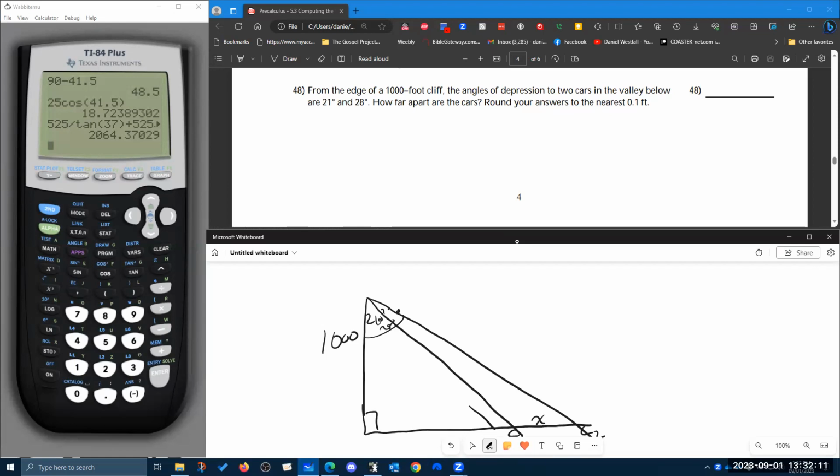That's going to be tangent of 28 degrees is equal to, I'm just going to call the side along the ground y, over 1,000. So 1,000 tan 28 degrees is equal to y.